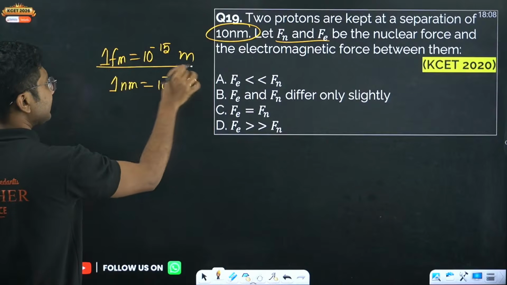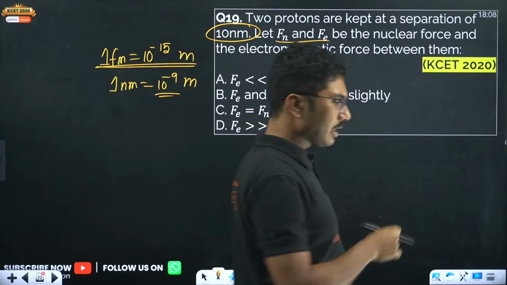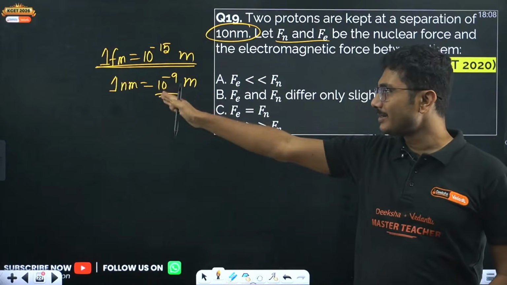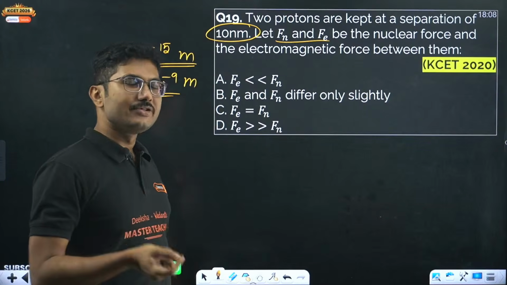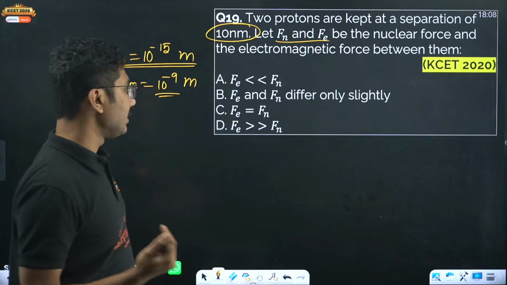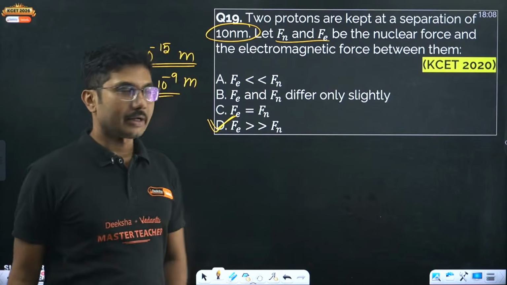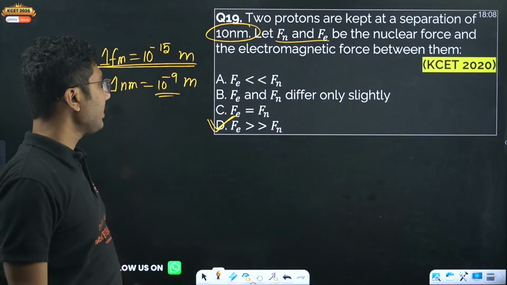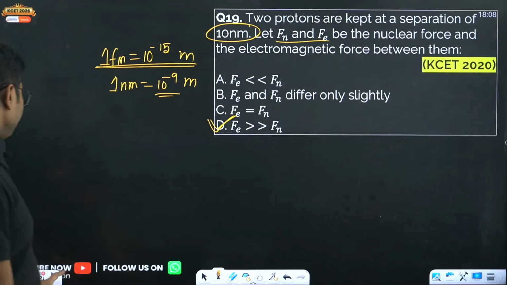So the fermi distance is much smaller compared to this. At this distance, the nuclear force is almost zero and negligible compared to the electric force. So the electric force will be much stronger than the nuclear force. So Fe is greater than Fn is the correct answer.